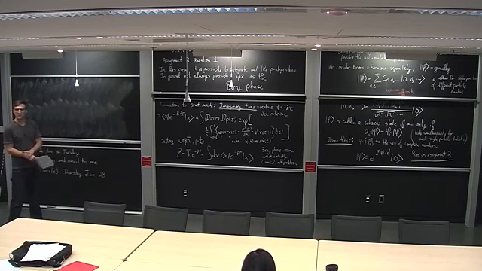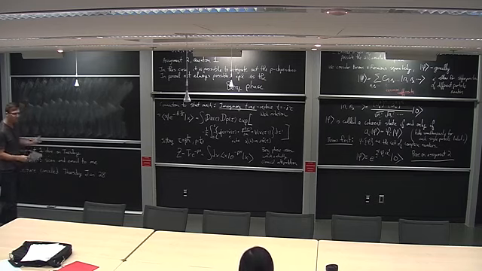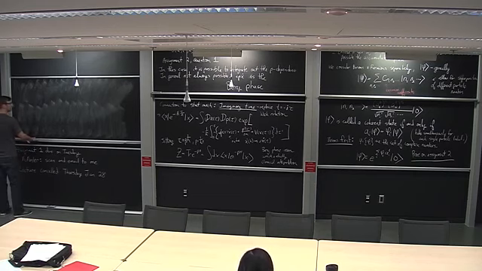So let's talk about some properties. They're a complete set. They're actually massively overcomplete. They do have some interesting properties. So let's start with some of these properties.